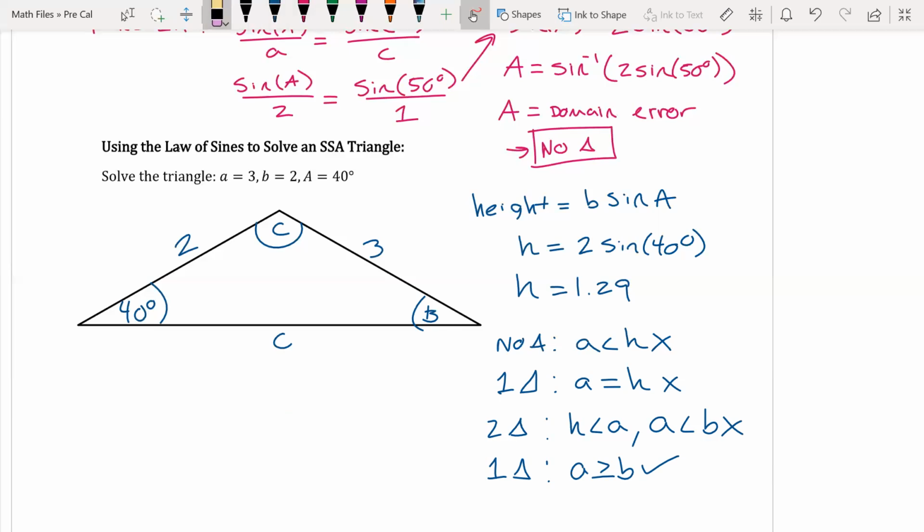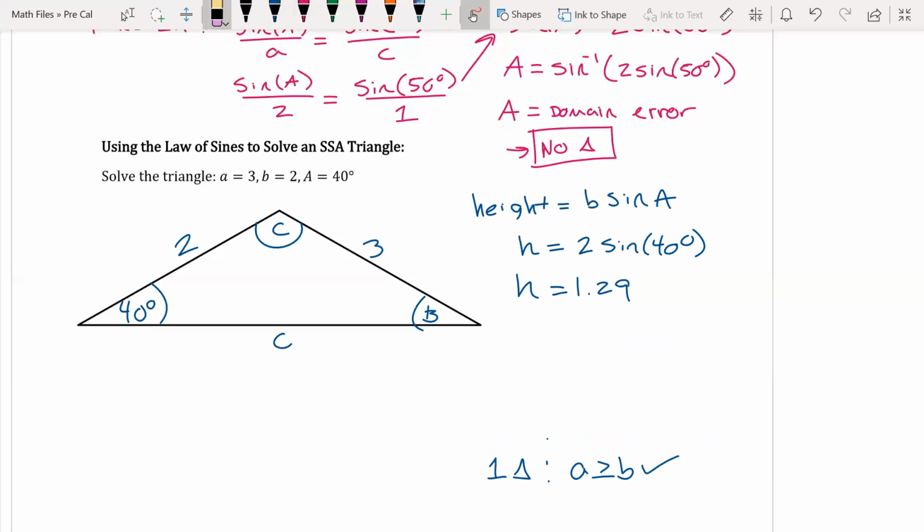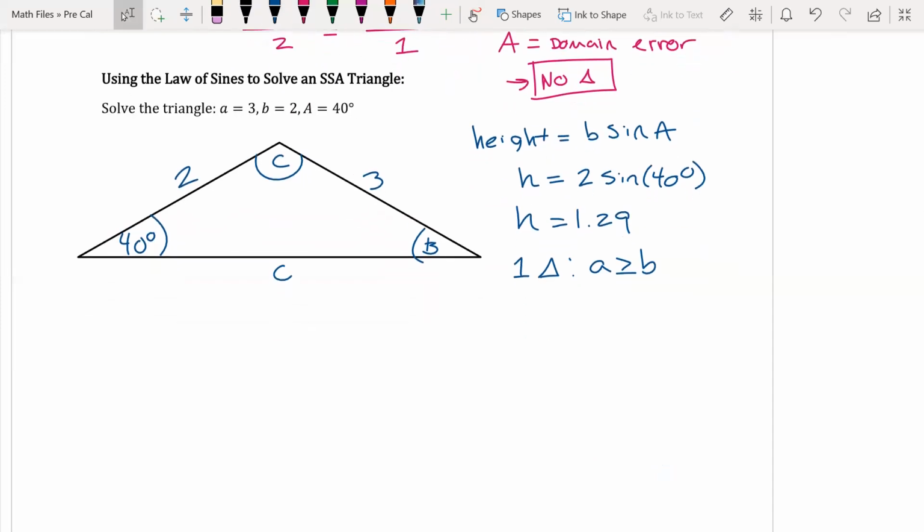All right. So let me just move that up here. We'll just say one triangle because A is greater than or equal to B. Okay, which means that's great news. We have one triangle. So let's go ahead and solve for the rest of it. Okay.